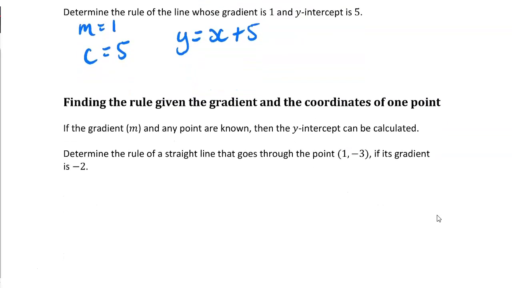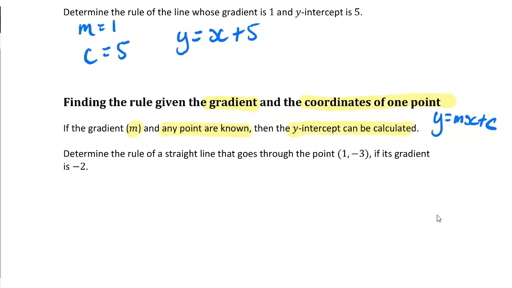Now the next method: finding the rule given the gradient and the coordinates of one point. If we know the gradient and any point along that line, then we can figure out the y-intercept and therefore figure out the rest of the equation. So this all comes back to the form y equals mx plus c.